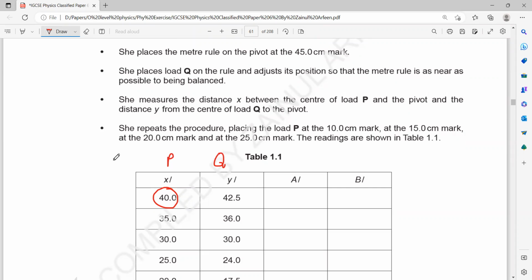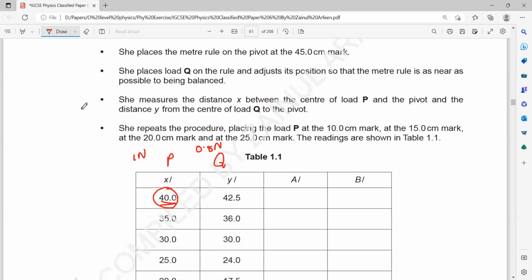As we know, load P is, for example, 1 Newton and load Q is 0.8 Newtons. So we should estimate the position before placing. If P is placed at the 40 centimeter mark, it is heavier, 1 Newton is more than 0.8 Newton. So the lighter load should be placed away from the pivot to make the same turning effect. So Q should be beyond the 40 centimeter mark; the distance of Q should be more than 40 centimeter. It cannot be within 40 centimeter or even at 40 centimeter.